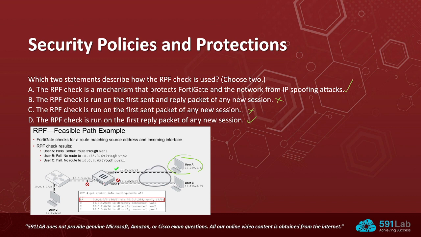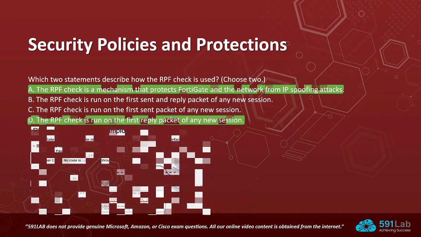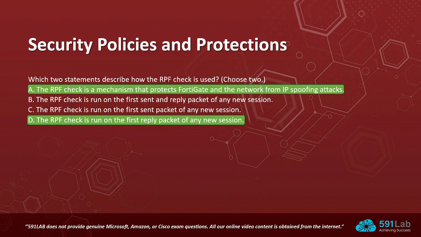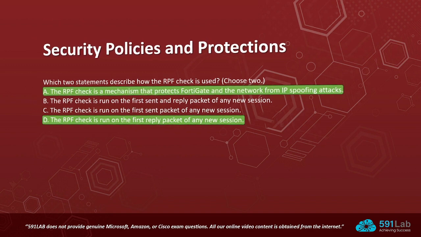If this FortiGate doesn't expect that reply, it is going to block the traffic and use the protection. So that is why, for me, option A and option D are the correct options. And as you can see, we work on it.